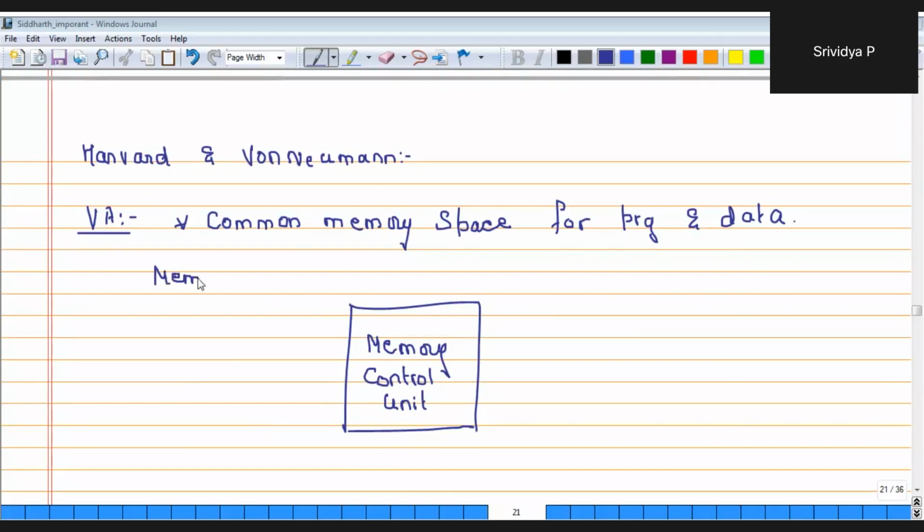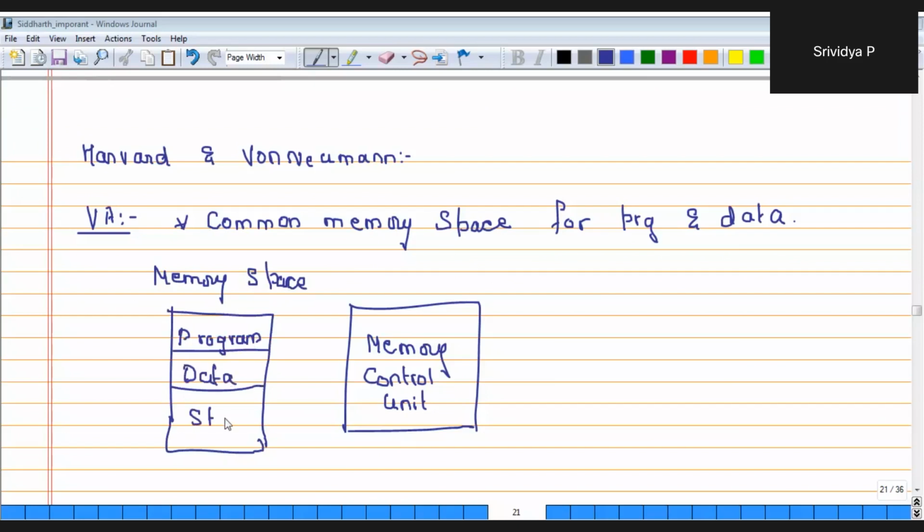Then let me show the memory space. It had a common memory for program, for data or variables, and stack. It was interfaced to the control unit using these buses.